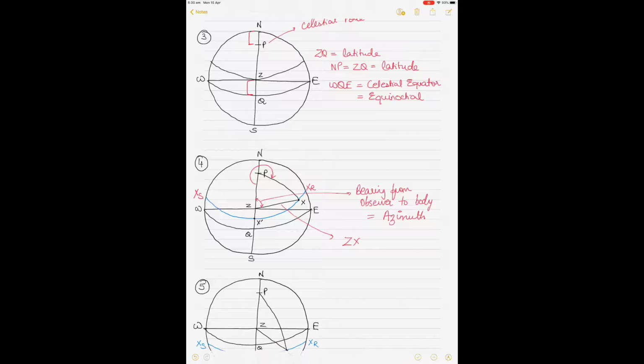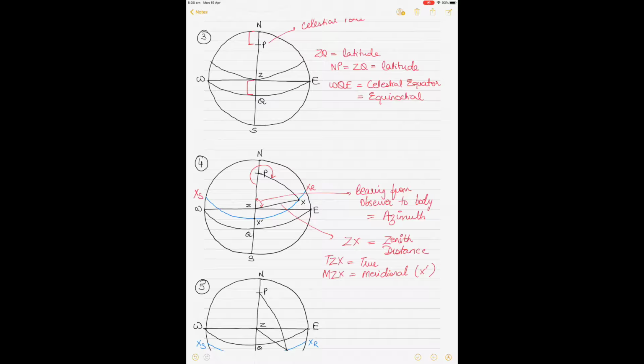So this ZX is now, what is it? Zenith distance. All right, this is the angular distance of the celestial body from you. And again, if you have been watching my previous calculation videos, you know that I refer to it as ZX or zenith distance. Some books call it ZD, and we have the TZX, which is the true zenith distance, and we have MZX, which is the meridional zenith distance. That means the zenith distance when the celestial body is on the observer's meridian, that is at position X dash.